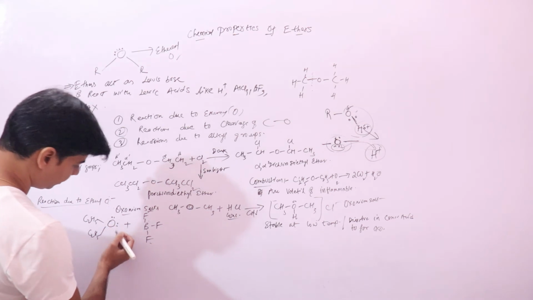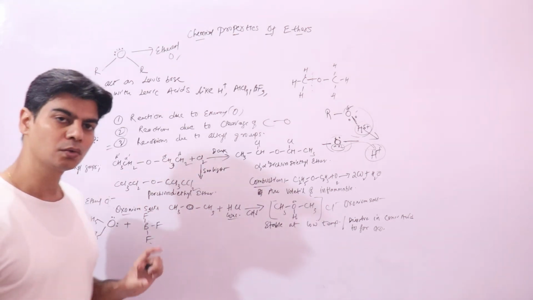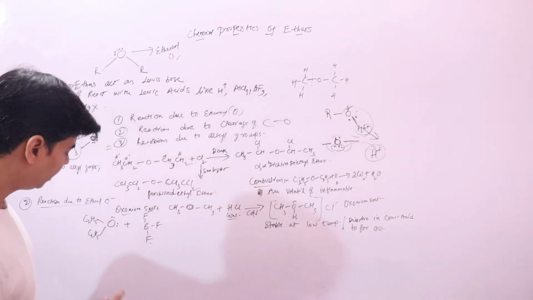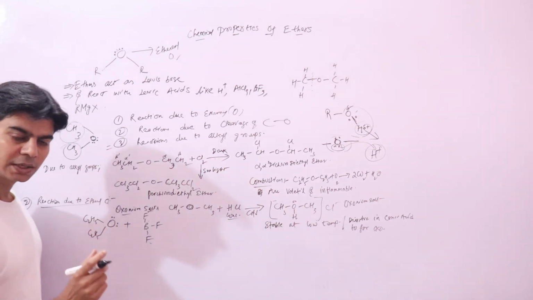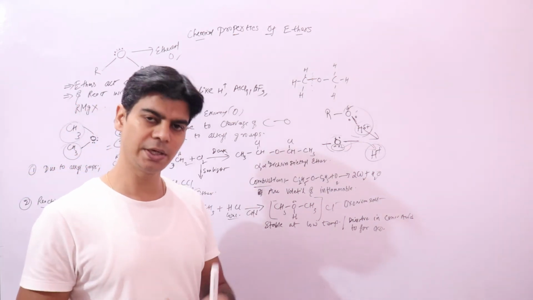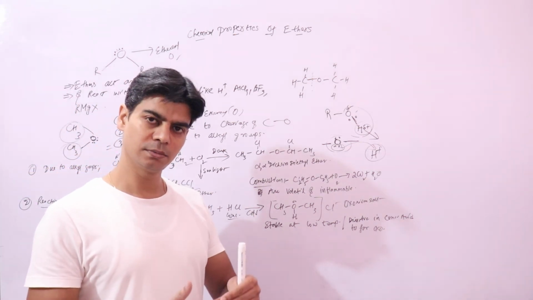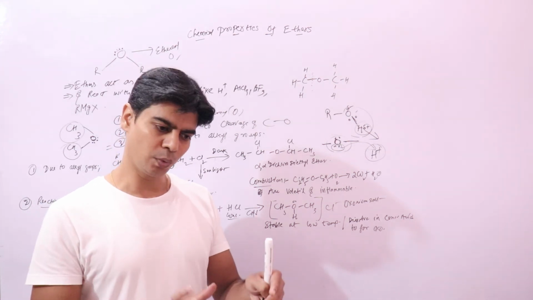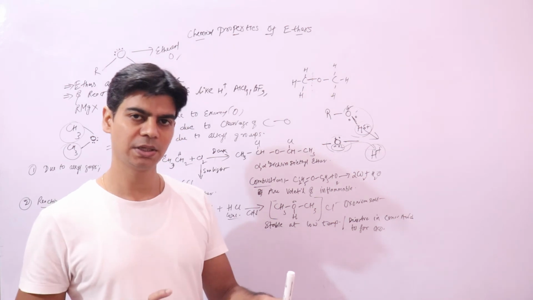So here what will result is a coordination compound. Why? If you remember, what is a coordinate bond? The shared pair of electrons comes only from one atom. Normally, like in HCl, one electron would be shared by hydrogen and one by chlorine.